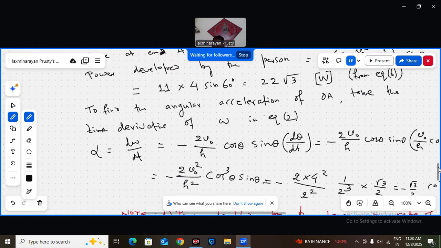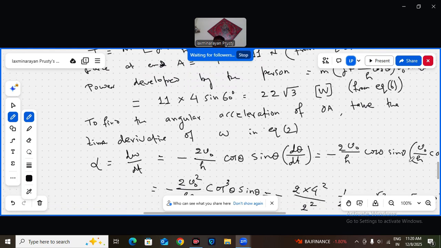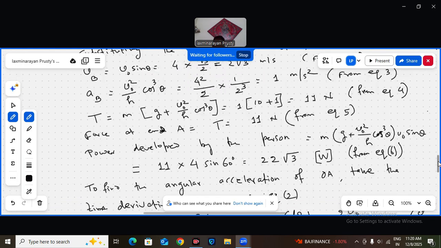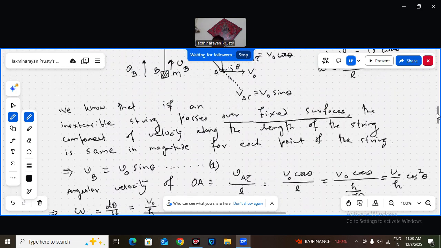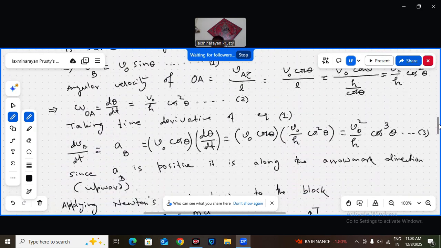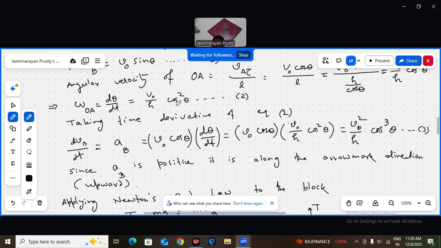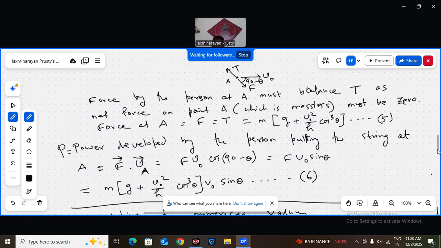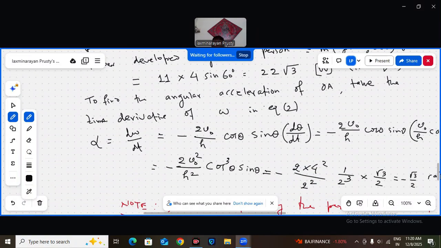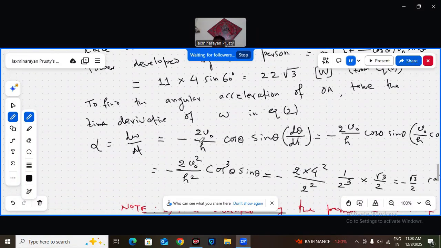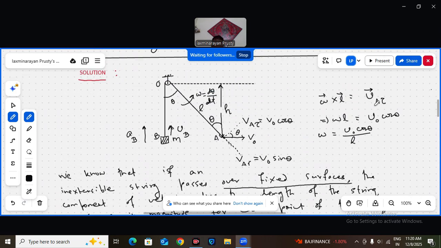Now find the angular acceleration of OA. I'll take the time derivative of omega. Omega we already found out: V naught by h cos square theta. Just take the time derivative. If this is the omega, then this must be the acceleration.